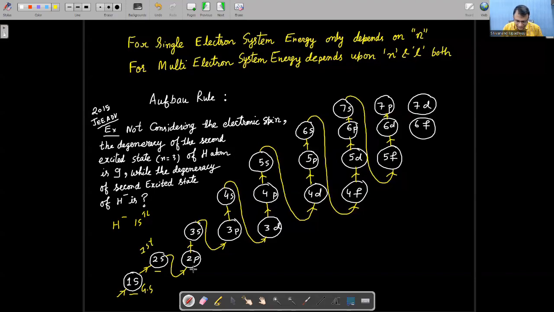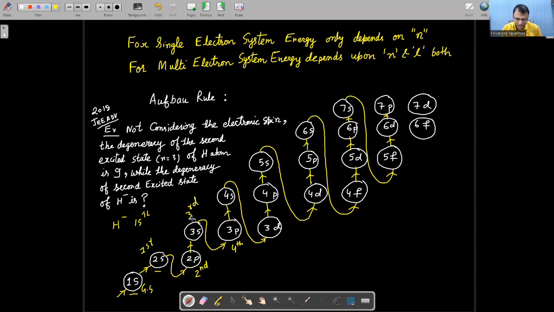Then 2p will be the second excited state, and 3s will be the third excited state. 3p will be the fourth excited state, and so on. So when we are discussing a multi-electron system, the first, second, third and fourth excited states can be found on the basis of this.